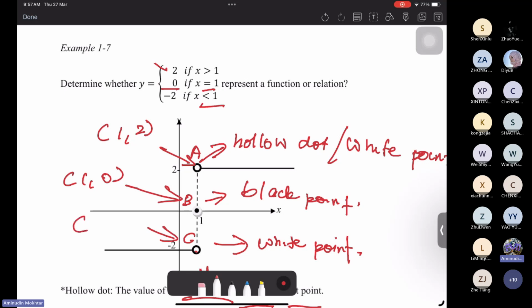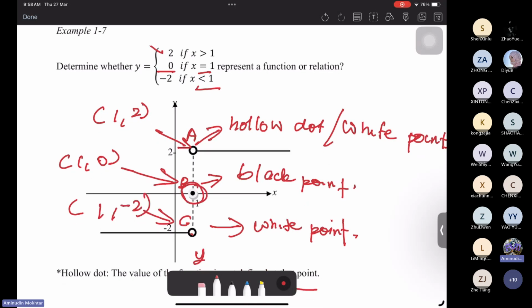And at point C, x equal to 1, y equal to -2. But if you refer to the function, when x equals 1, the value of y exists at point B. At this point, y equals 0.